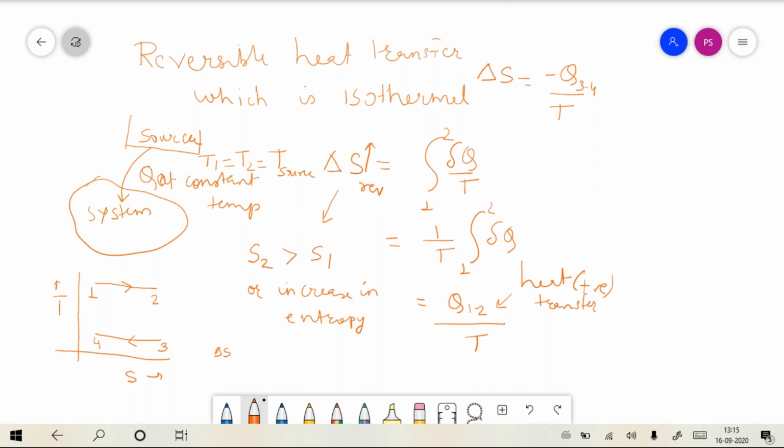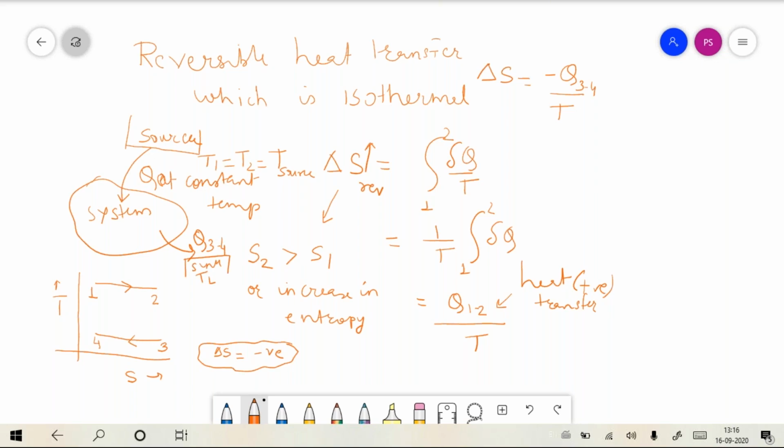And why has the entropy decreased? The entropy has decreased because the heat has flowed away from the system. If there is a heat flow away from the system to the sink, which is at TL, equal to T3, which is equal to T4, then because the heat is thrown out of the system, along with the heat, the entropy would also flow out, and the entropy of the system would decrease from S3 to S4.